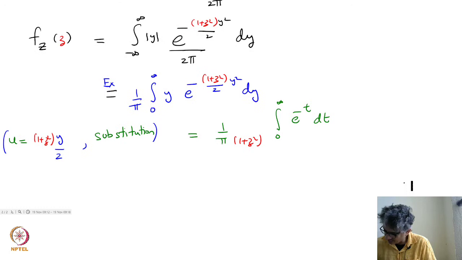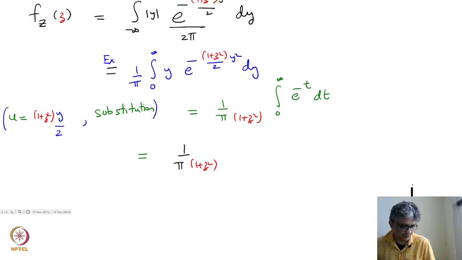But this we know is just the same as 1 over pi times 1 plus z squared. The ratio of two normals is Cauchy. So this is Cauchy 1. So z is just Cauchy.